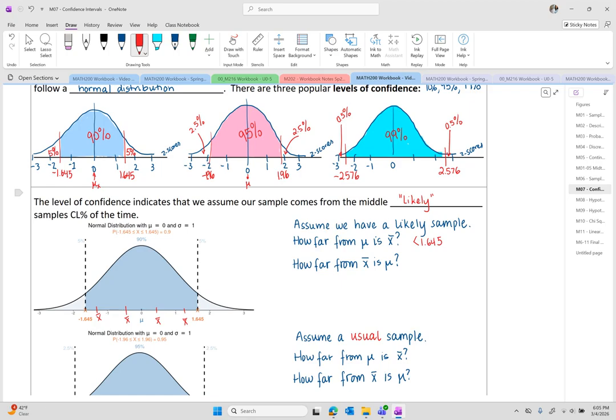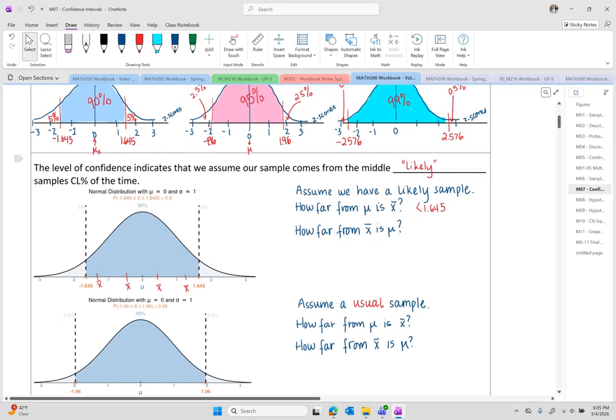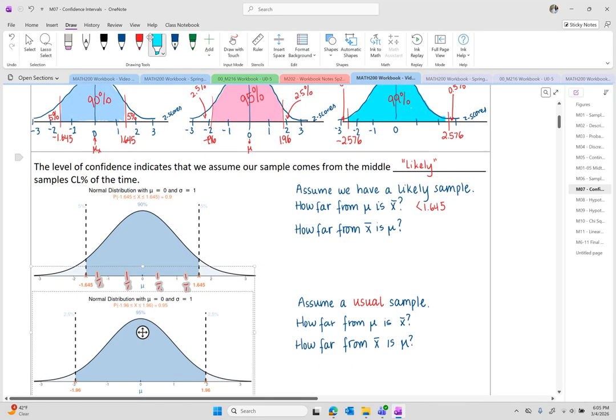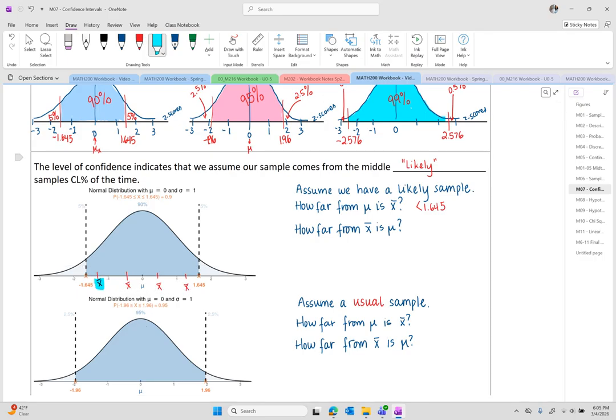So if you don't know the real mean and you are trying to find it, but you have calculated the sample mean, so let's assume you calculated this value, how far away from this x bar is the real mean? What is this distance? And the answer is this distance is also less than 1.645.